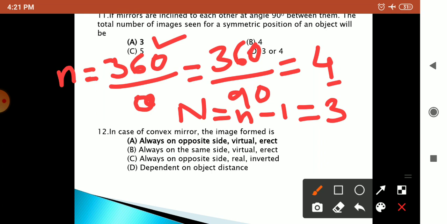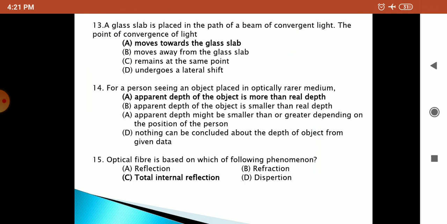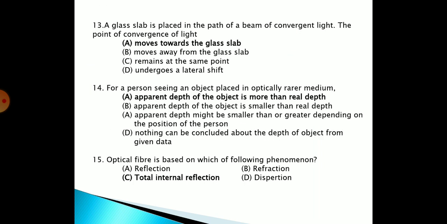Then next, 12th, in case of convex mirror, the image formed is always on the opposite side, virtual and erect for convex mirror. Then 13th, a glass slab is placed in the path of a beam of convergent light. The point of convergence of light, option A is the answer, moves towards the glass slab.